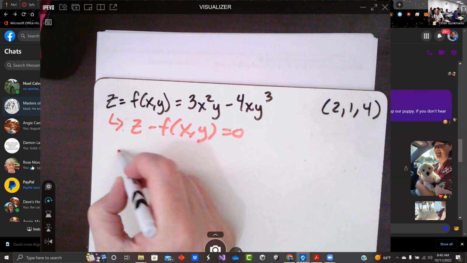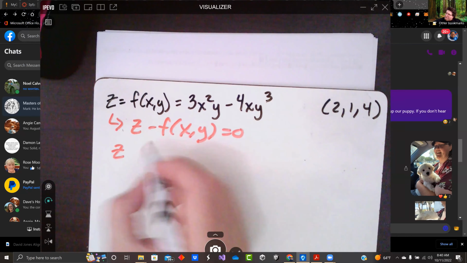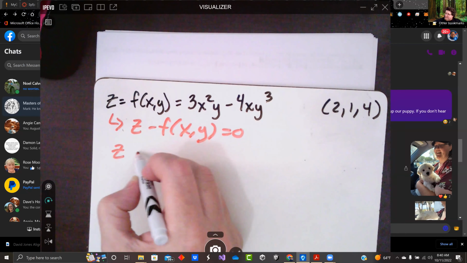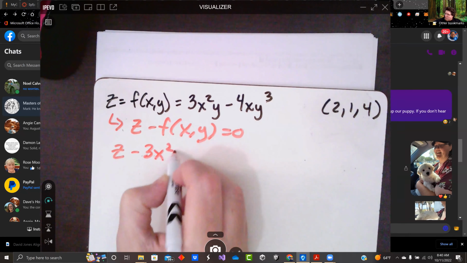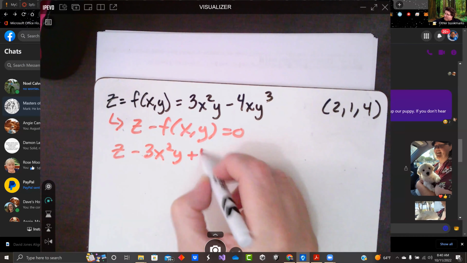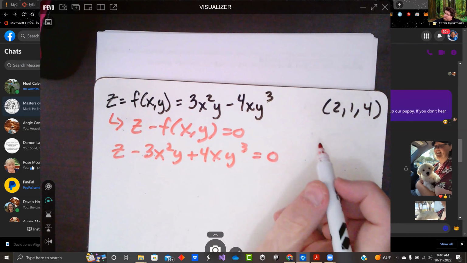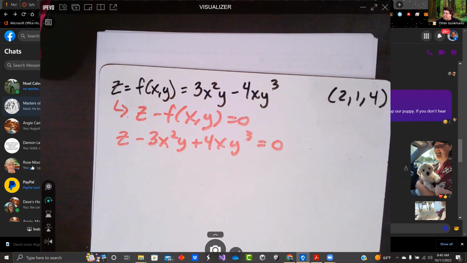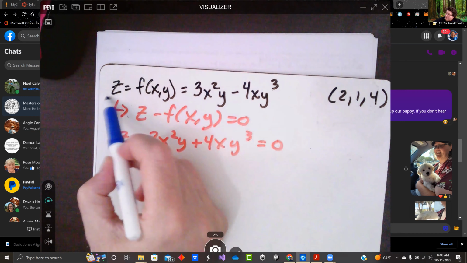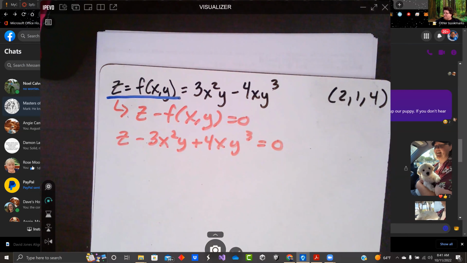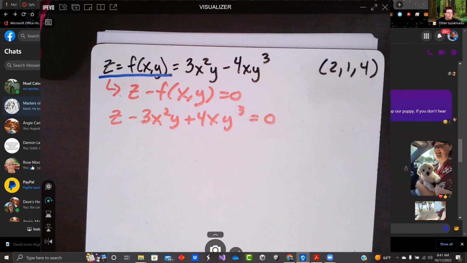So our function will now be in terms of three variables: z minus 3x squared y plus 4xy cubed. So that's what you do when you start off with z as a function of f of x, y, to shift it to finding where we can do this tangent plane thing.